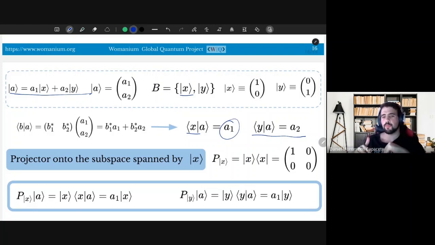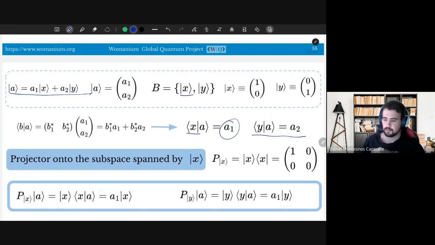If you want to create an operator that gives you the corresponding vector, it will be this one, right? This will be the linear operator that takes any vector and gives you the corresponding vector that is the projection, in this case onto the x-axis.